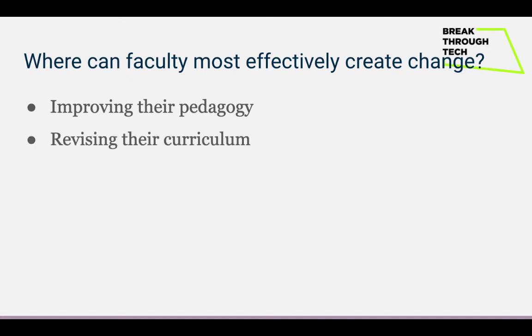Similarly, you could revise your curriculum or your departmental curriculum. It's really helpful if we can identify some tacit assumptions of our curriculum. For example, when I was a graduate student at Berkeley, I did a study where we found that in the data structures class, women were performing worse than men, but we weren't seeing a difference between men and women's performance in the first course.